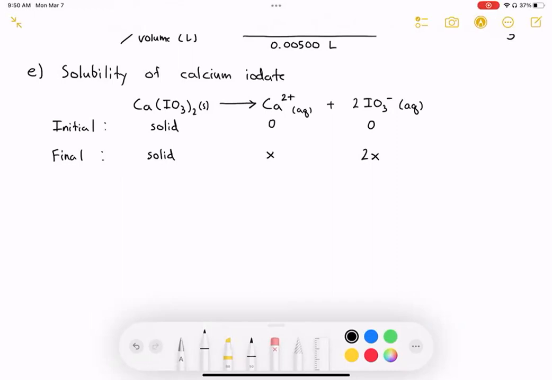All right, so to calculate solubility, I believe we'll have to first calculate KSP, unless it's given to us. I don't see a KSP expression for iodate here, so we might have to solve for it.